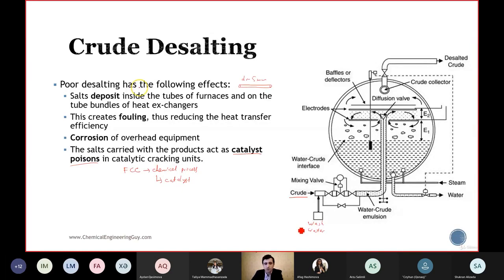We add wash water to dissolve the salt first, and then once the salt is dissolved in the water, we can separate it with water. We use the electrodes here to separate the water and the crude. We have baffles or deflectors here, and this is the crude collector. The desalted crude leaves from the top and water leaves from the bottom.